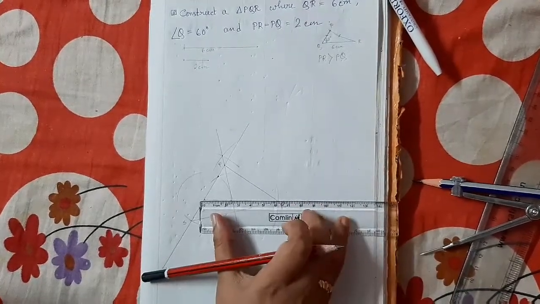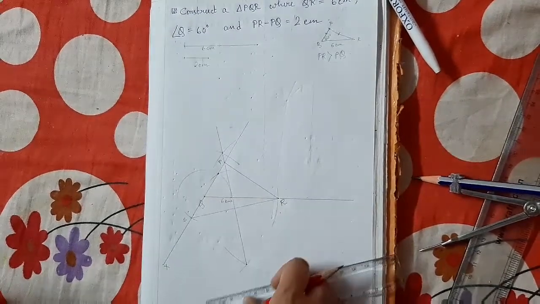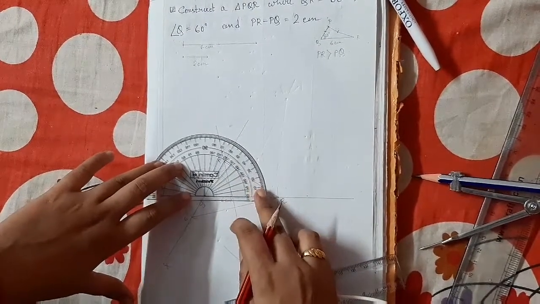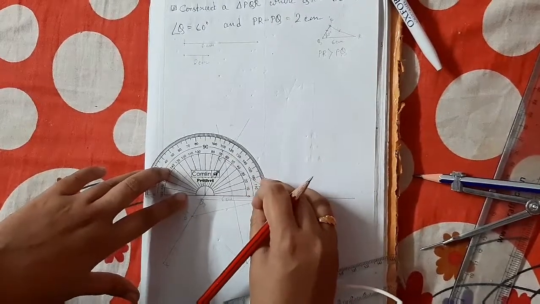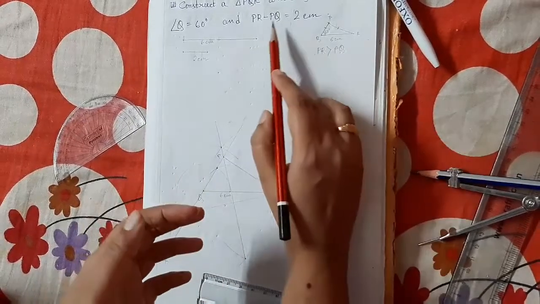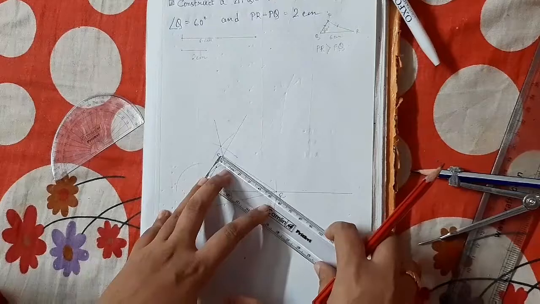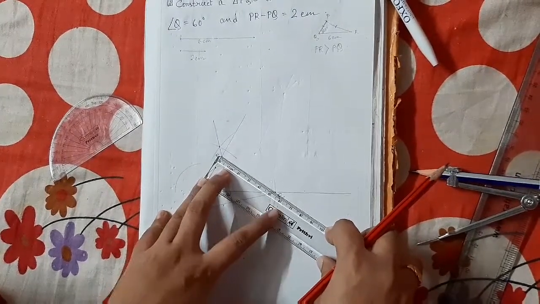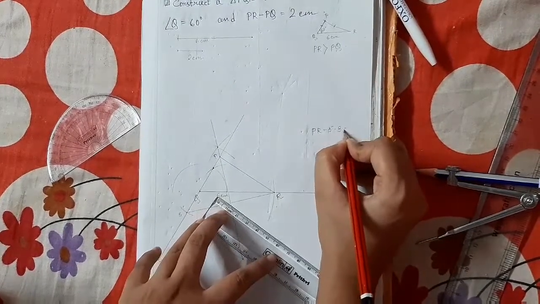Just verify it. It is 6 centimeter. This angle Q is 60 degrees. You can verify it also with a protractor. Now you have to verify that PR minus PQ is equal to 2 centimeter. First I'll check the length of PR. PR is 5.3 centimeter.